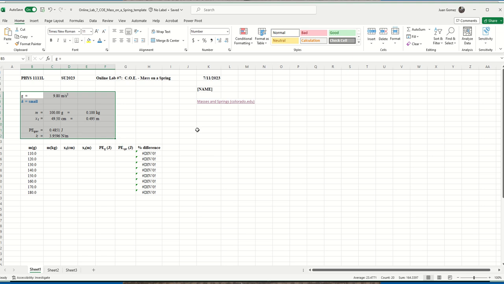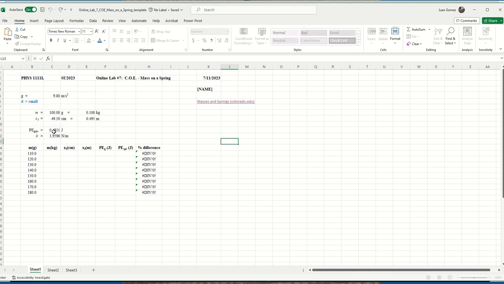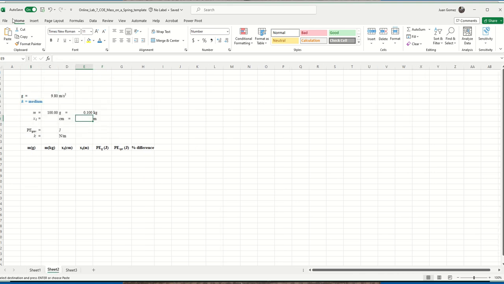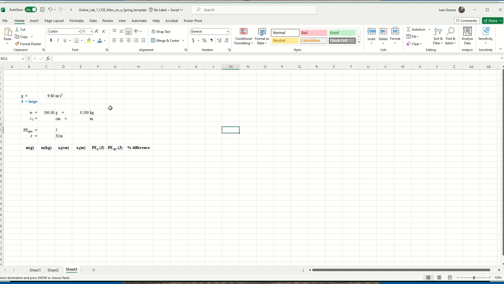So remember, all you have to do is take all the formulas, copy, paste, and then go over to sheet 3 and paste, because they're all in the same cell references.